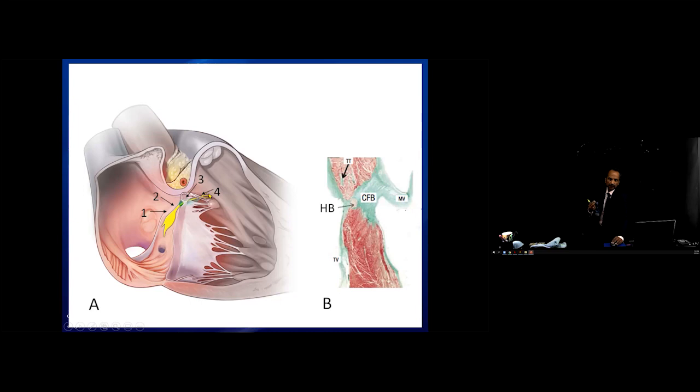On the other hand, if we pick a site like here, the crest of the interventricular septum, this area has a nice broad landing zone. And if we miss, in other words, we're not exactly capturing one tissue, it's generally all good in this region.